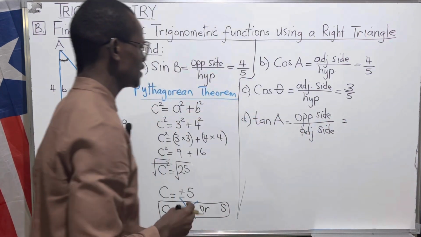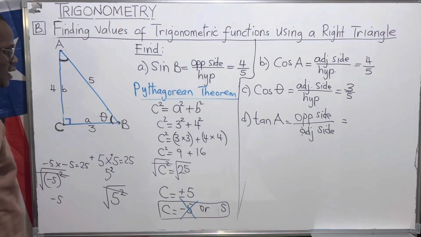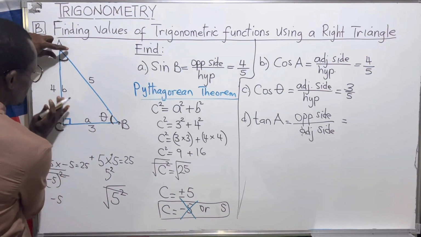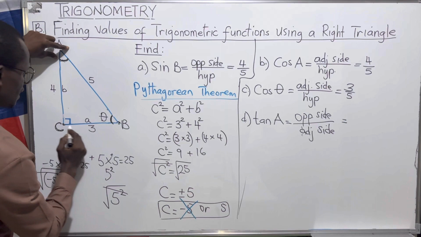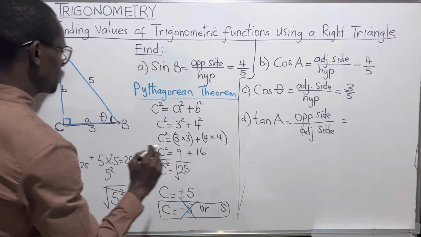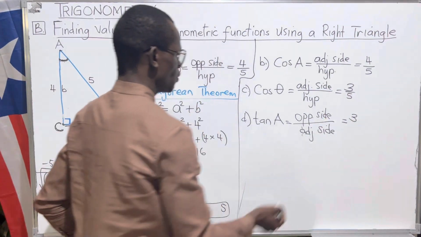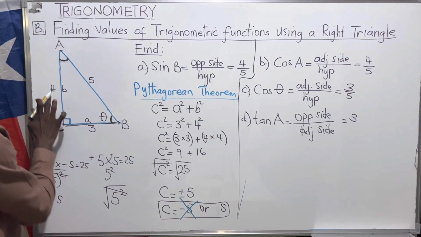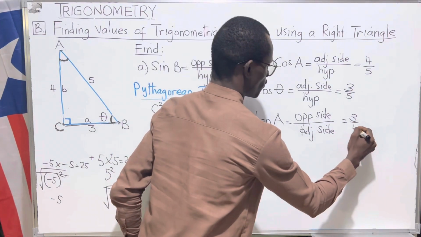Which side is the opposite side? The opposite side to angle A is the side that is before angle A. So this side, it's 3. And which side is the adjacent side to angle A? It's 4. So it's 3/4.